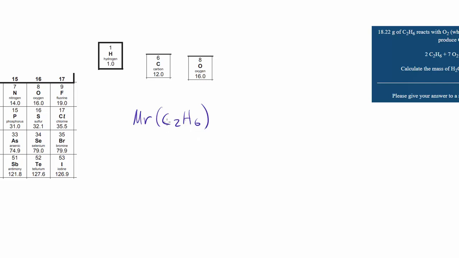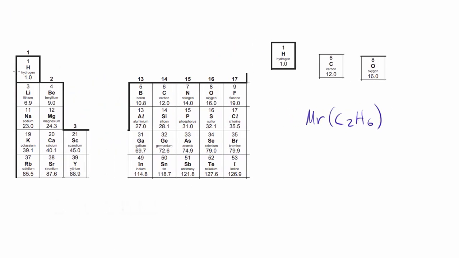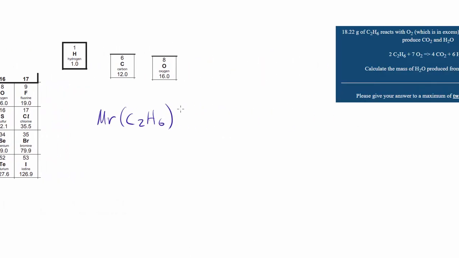We need the relative atomic mass of carbon, which we know is 12, and the relative atomic mass of hydrogen, which is 1. So that's 12 times 2 plus 1 times 6.